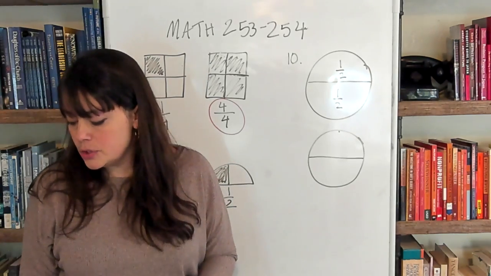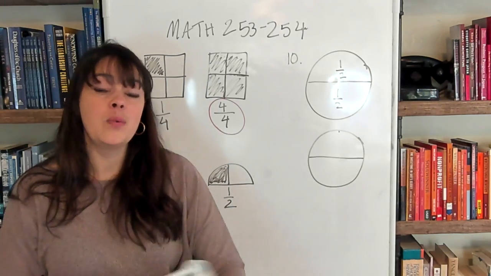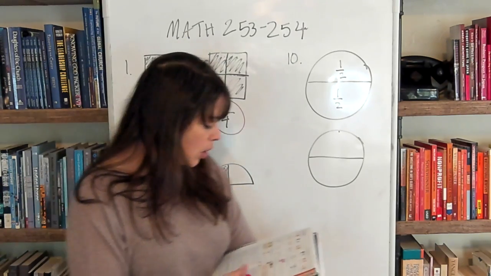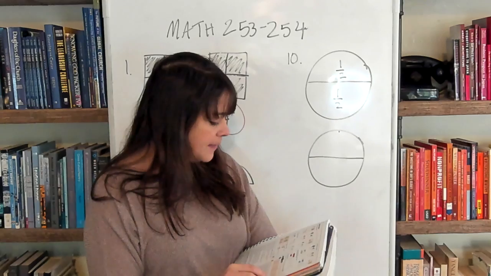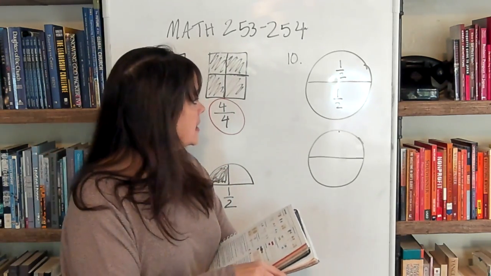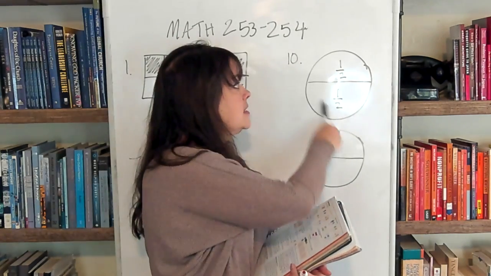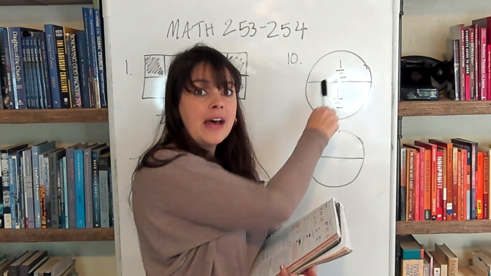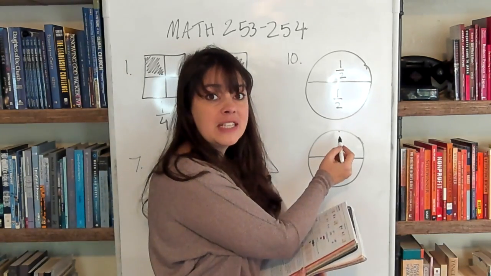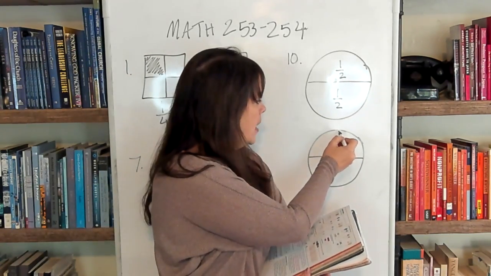They want you to circle a word to complete the sentence. When halves are partitioned, the halves become smaller or larger? Well, let's look. Here, this is a circle that's partitioned into halves, but what if, and I drew another one down here, what if we partition the halves as well?